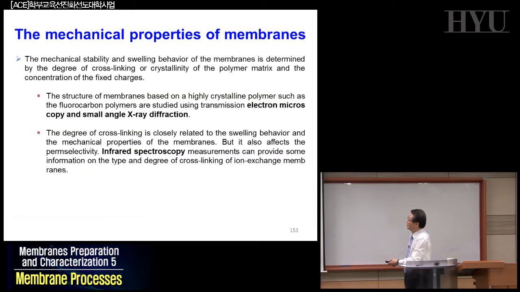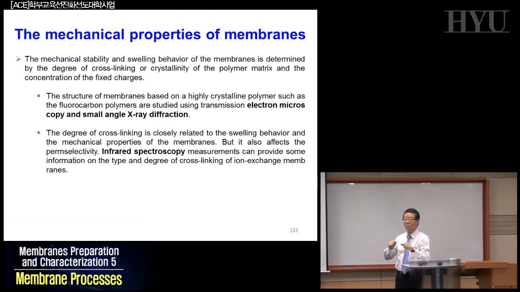Mechanical properties are the next topic that we can say. Mechanical stability is very important for the membrane in many cases, because if the membrane is not stable upon applying stress, if it's broken during the operation or during the preparation of your modules, during the preparation of your membranes, there is no use.